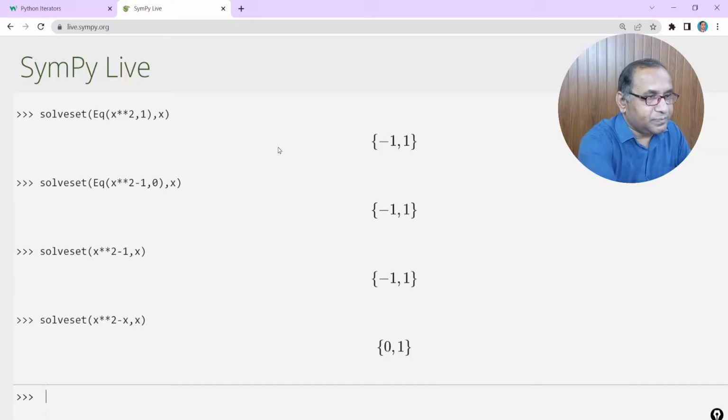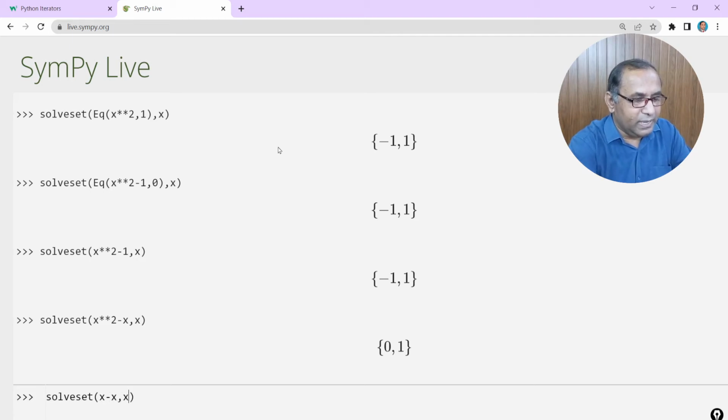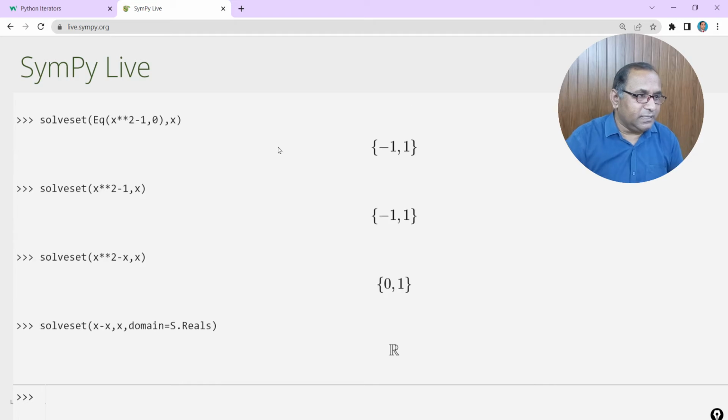Here, solveset, and we have the equation x square minus x. We want to solve for the x variable, and domain is equal to S dot Reals, and when you enter, it will return the solution set which is real.